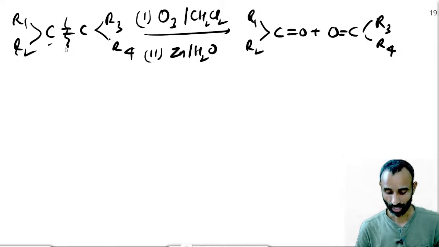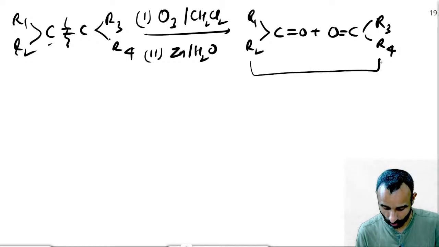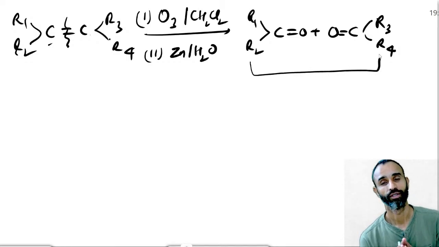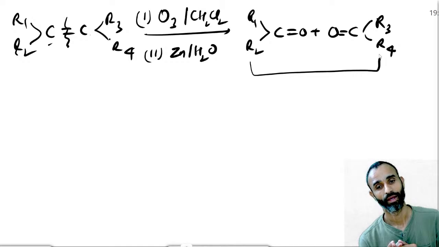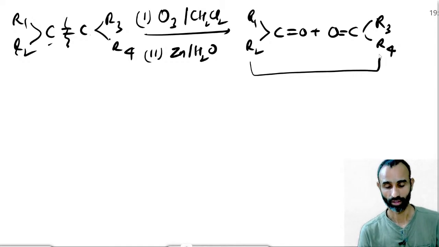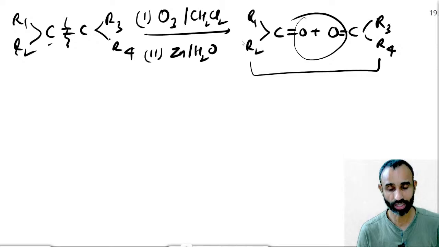And sometimes the products of ozonolysis are given and we have to predict the reactant. So we just remove the oxygens and attach the carbon-carbon double bond.